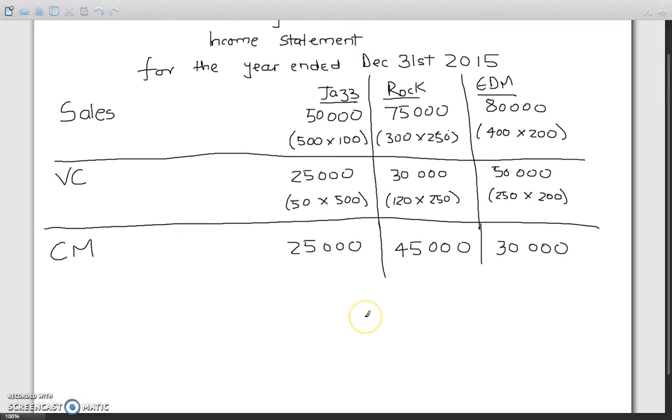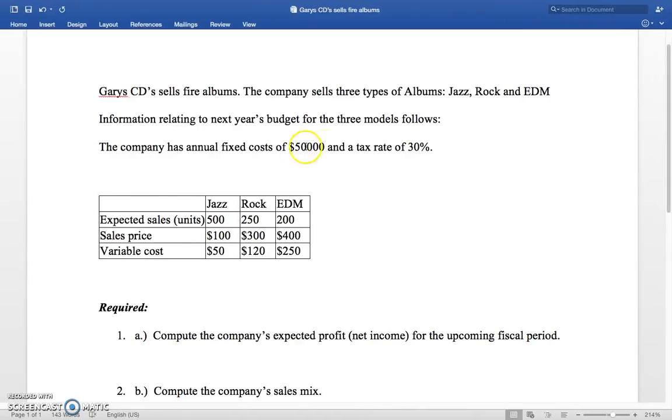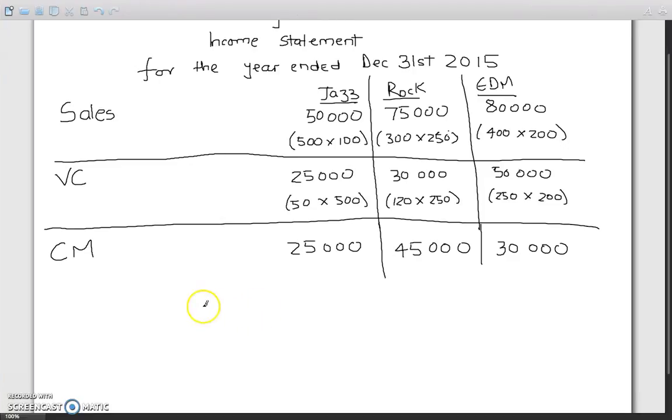Now that you have your contribution margin, you have a total fixed cost of 50,000 for the entire firm. So what I do here is I take a total contribution margin figure by adding up all 3 of these together. Adding these up, I get 25 plus 45 plus 30, which is a perfect 100,000. All right, guys.